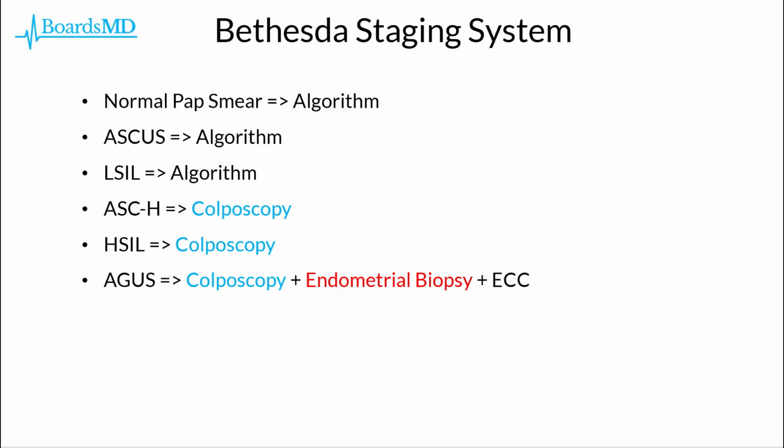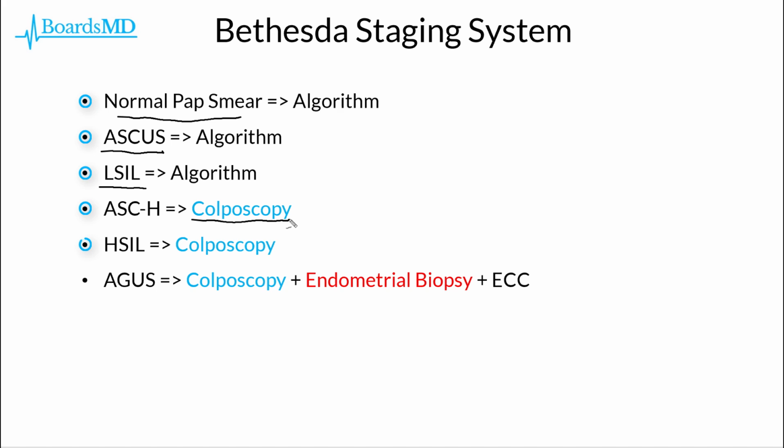Admittedly, however, we do have to get a bit into the weeds when it comes to the normal Pap smear, ASCUS, as well as LSIL, as these ultimately have an algorithm that we will need to consult and go through as we move through the rest of this video. However, if we have ASCH, in which we cannot rule out a high-grade squamous epithelial lesion, then we need to proceed with a colposcopy.